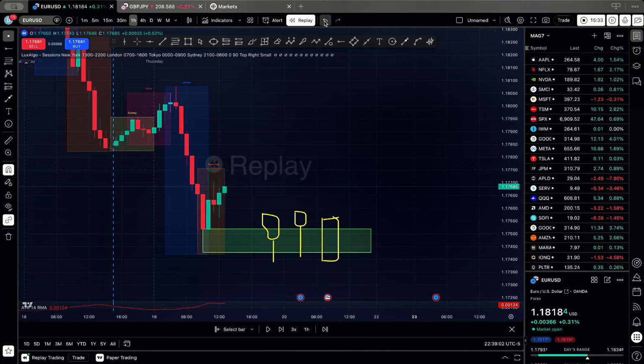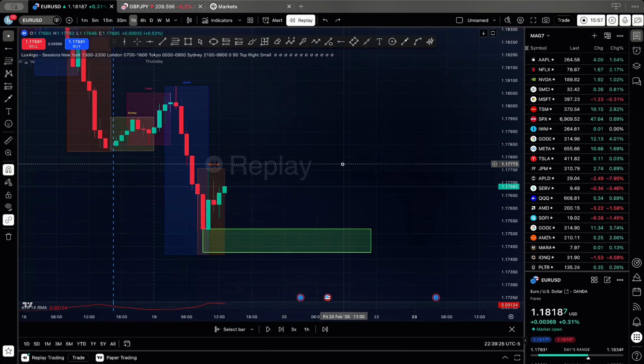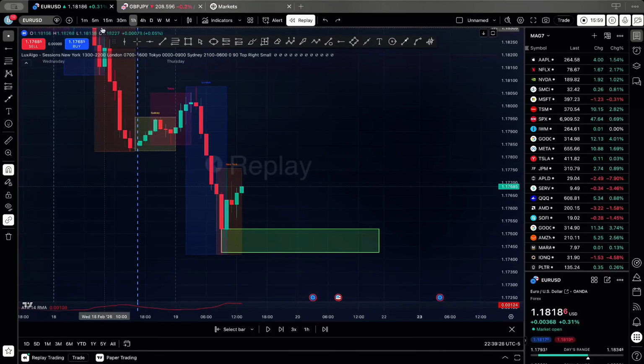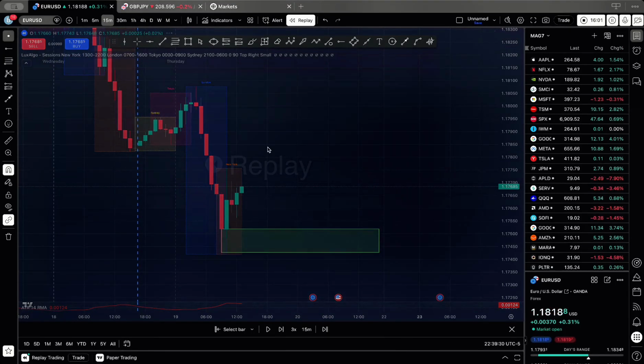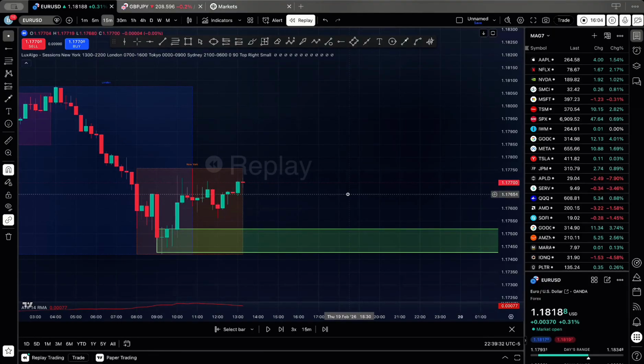So now, after doing that, let's play, okay? We are waiting for the pullback, the candle to come inside here. So now, we're gonna move to the 15 minute, okay? Let's move to the lower time frame.